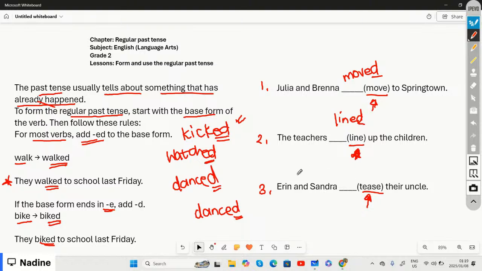And the last one says Erin and Sandra tease the uncle. We need to change that word tease to the past tense. But in the past, how are we going to write it?